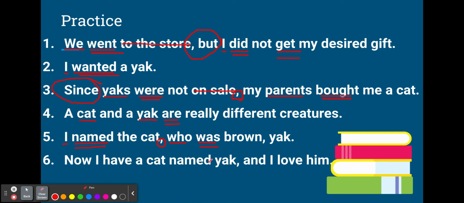The last one here, number 6, now I have a cat named Yak, and I love him. That's a happy ending. I have is a subject and a verb, and I love is a subject and a verb. And so we're thinking, okay, two clauses. Does that give us a compound sentence or a complex sentence? Here's a key.